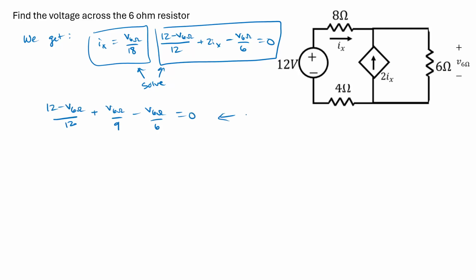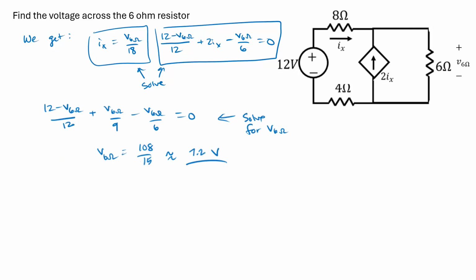And so again, all that's left is to solve for V6 ohms. I personally like to multiply everybody by 108, and that way we get rid of the fraction. After solving for V6 ohms, we end up with 7.2 volts as our final answer.